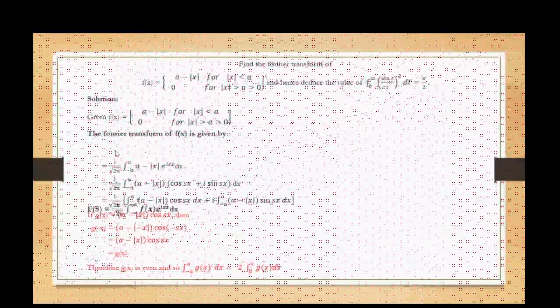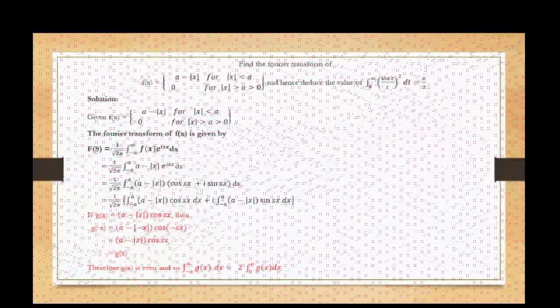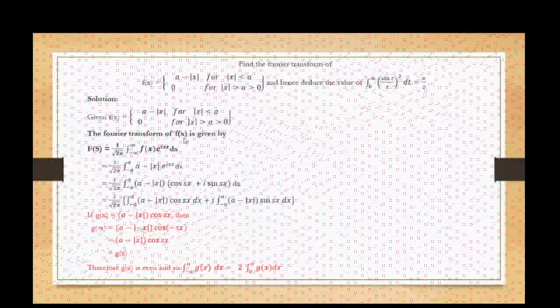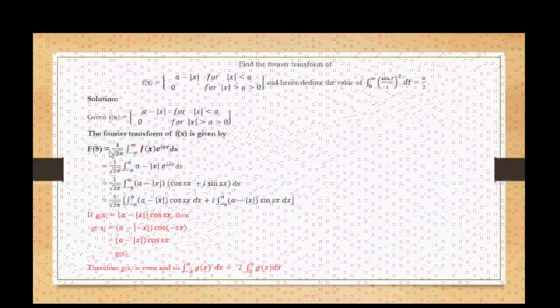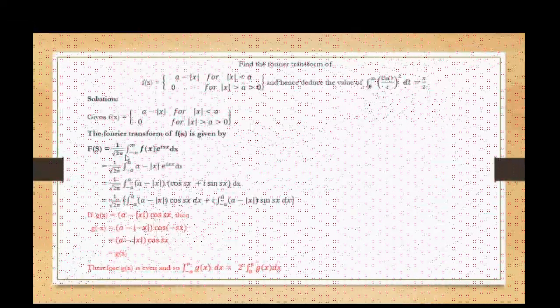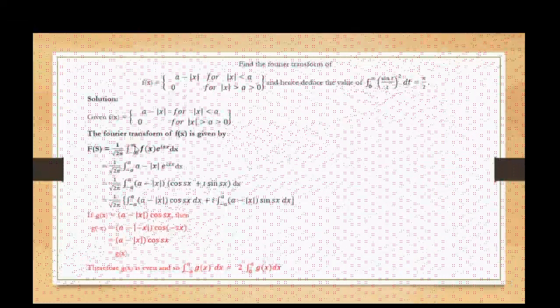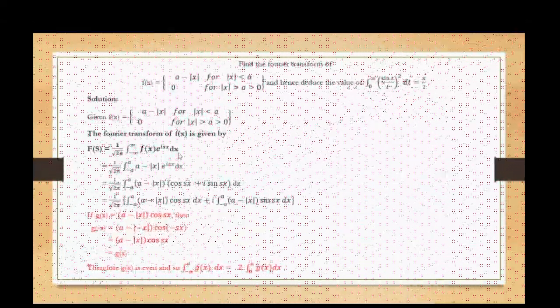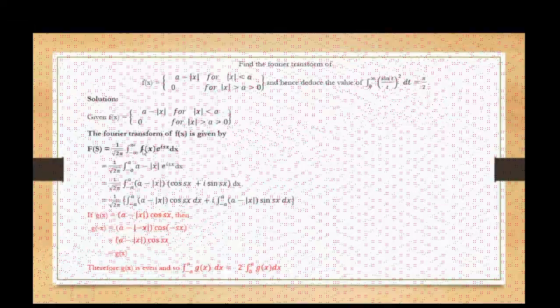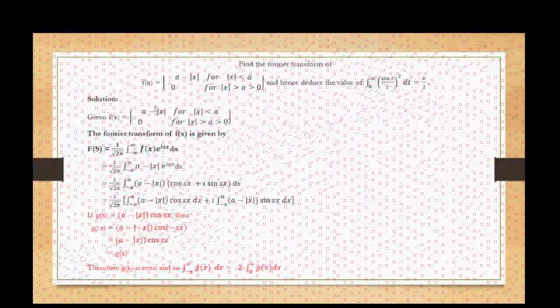So the Fourier transform of f of x is given by f of s. Its formula is f of s equal to 1 by root 2 pi integral from minus infinity to infinity f of x e power i s x dx. Okay, and this f of x is replaced by your given function.